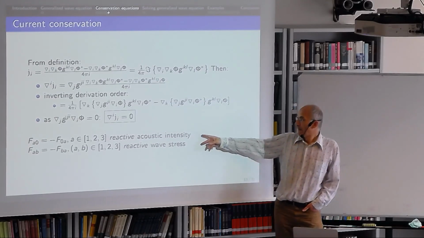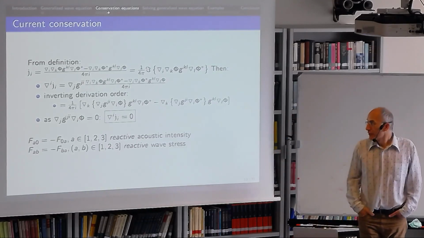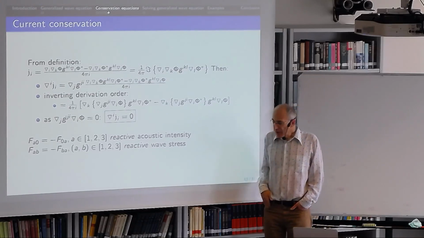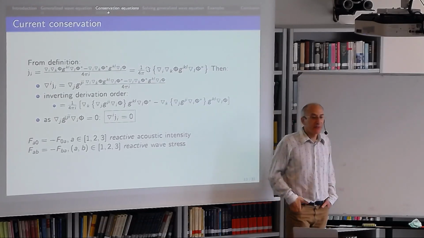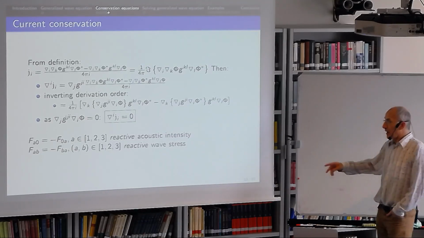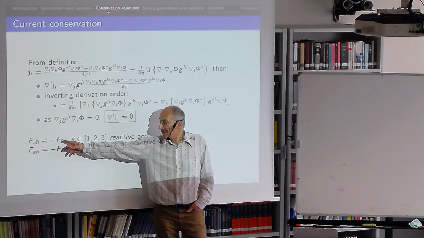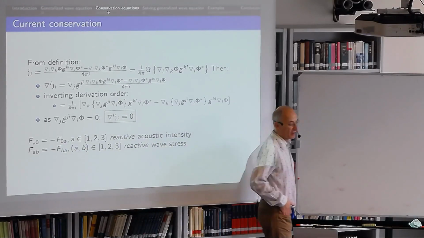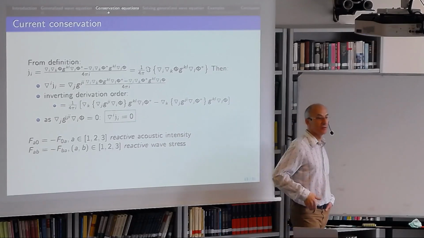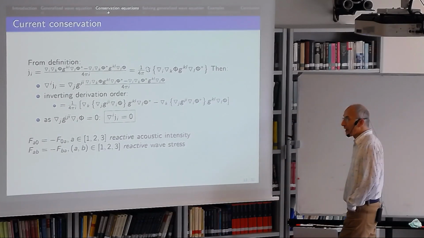If we now try to give physical meaning to the different elements of this tensor Fig, then we find that the elements on the first line or the first column are just the reactive acoustic intensity, as it is known in acoustics.